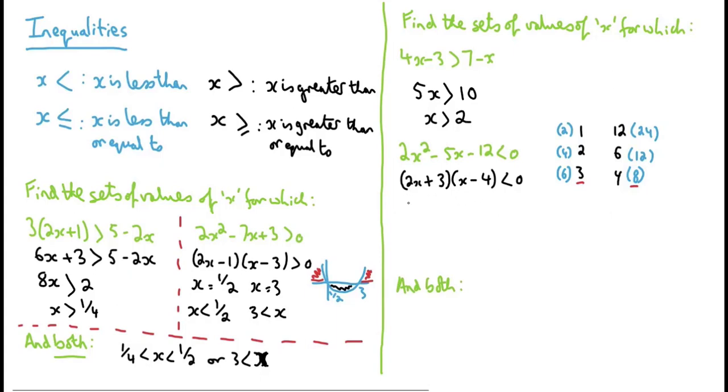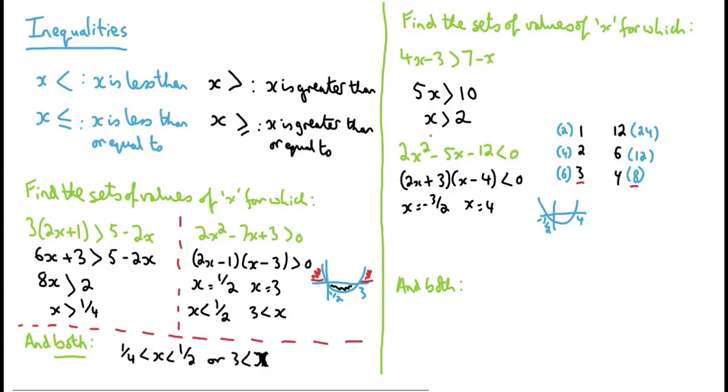From this then, if it was an equal sign, you'd end up with x equals minus 3 over 2, or x equals 4. But because this is an inequality, we may just want to draw out the parabola, where now we're having this point of intersection being the minus 3 over 2, and this intersection here being the 4, that solution.